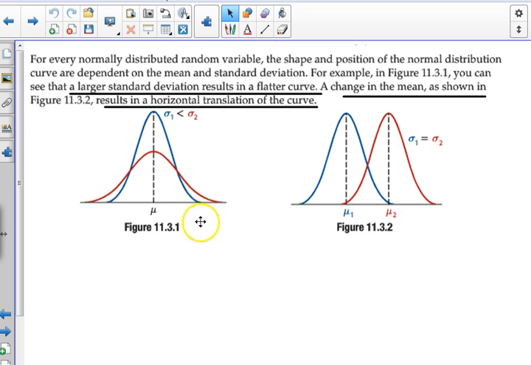The blue one would have a smaller standard deviation and a larger mean. It's all smushed together. This one is just a shift because the mean here is smaller, the standard deviations are equal because they're the same width, but one has a lower mean than this one, okay? So this could be, you know, the SAT scores from one year and the next class was really smart and the SAT scores from this year, okay?